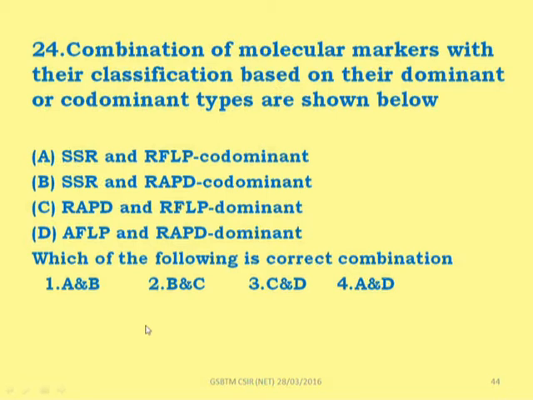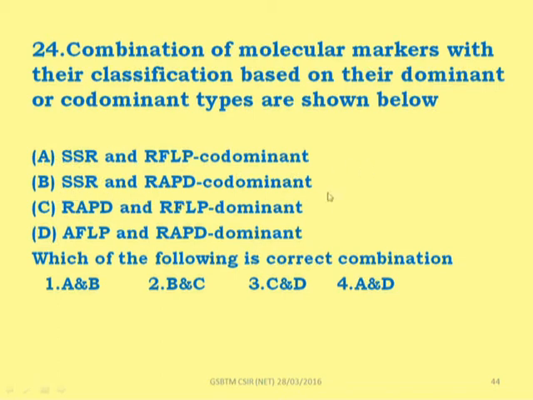Combinations of molecular markers with their classification based on dominant or codominant types are shown below. As I said earlier, molecular markers should be codominant. The majority of markers should be codominant. Some dominant markers are also available. SSR and RFLP are of course codominant.